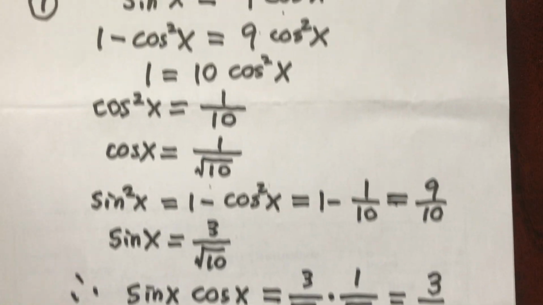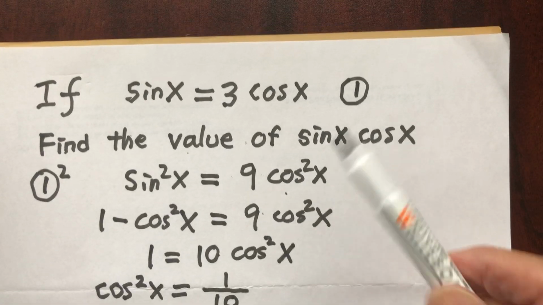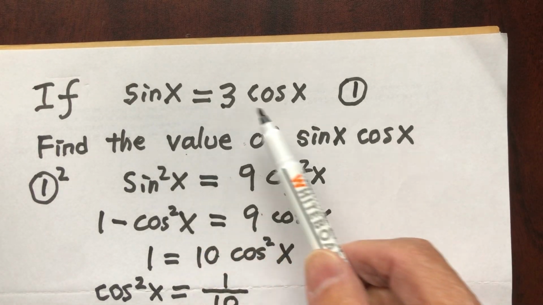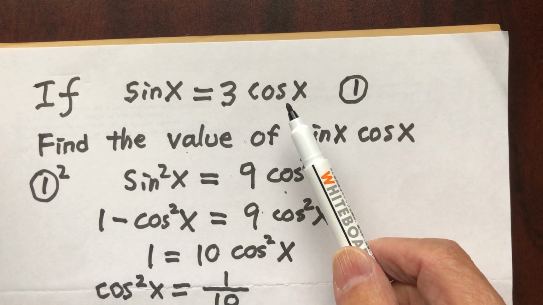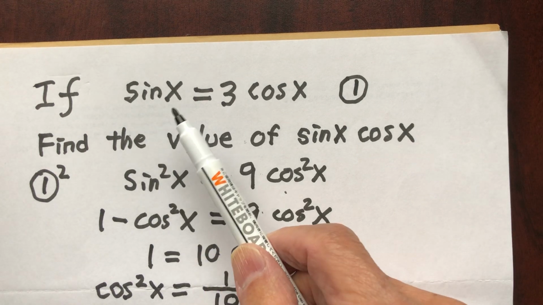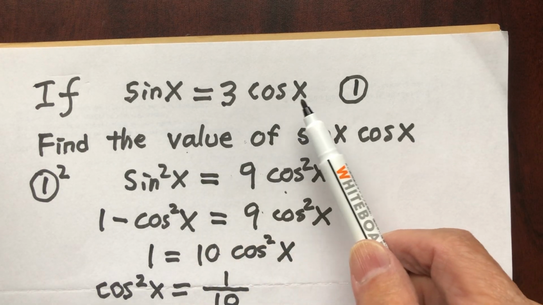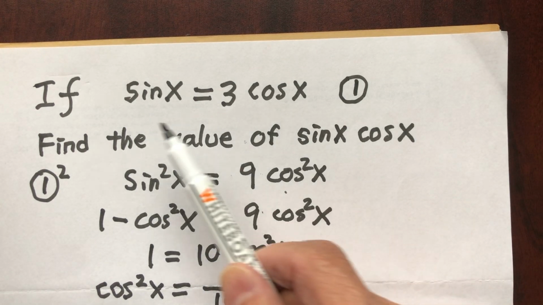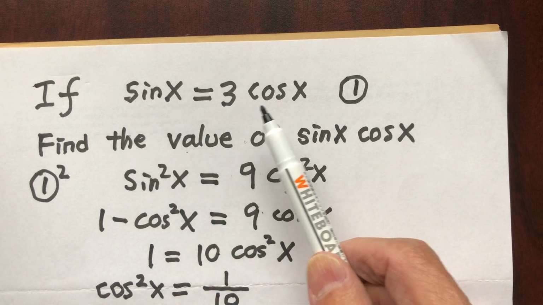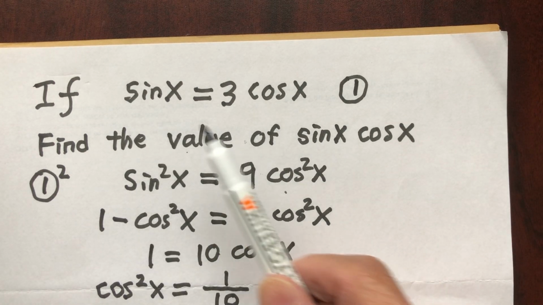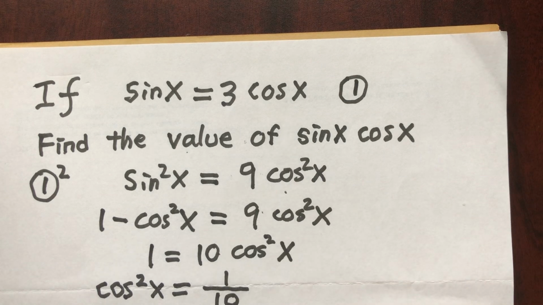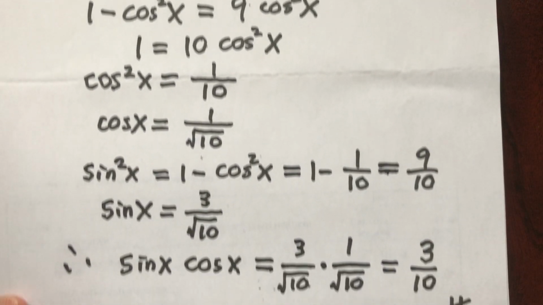The answer is this. Go to the beginning. If this is true, this means if sine is positive, cosine is positive. If sine is negative, cosine is negative. Therefore, sine multiplied cosine is either positive times positive or negative times negative. So the answer is positive.